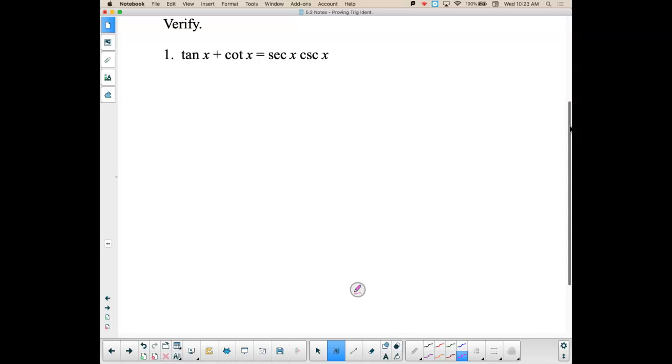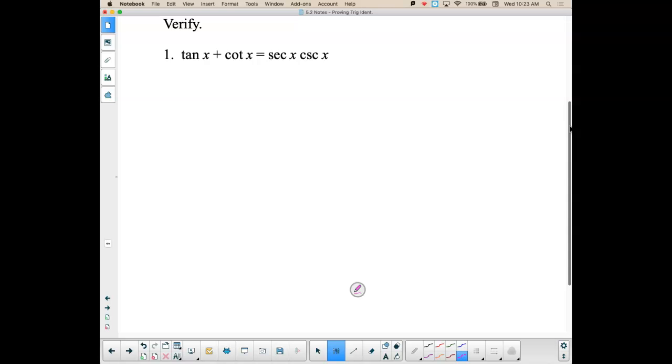Give you another chance. The tangent, the cotangent. Because if I'm thinking ahead, tangent is sine over cosine, correct? And cotangent is cosine over sine. So those have different denominators, which makes it more complicated because in order to combine them, I've got to get a common denominator. Addition and subtraction with trig is always more complicated than multiplication.